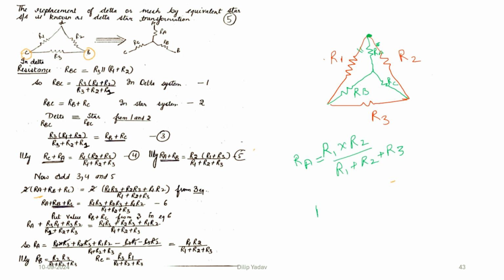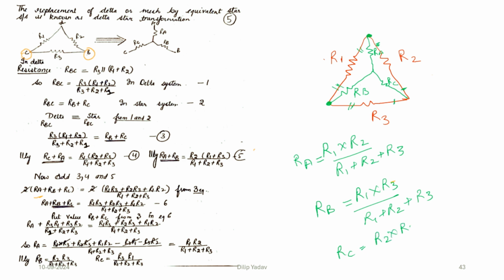For example, if I need to find RB, we check the two branches connected, that is R1 and R3. So RB will be equal to R1 into R3 divided by R1 plus R2 plus R3. Similarly, for RC, the two resistances connected are R2 and R3.